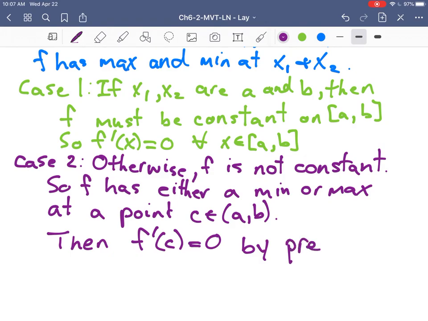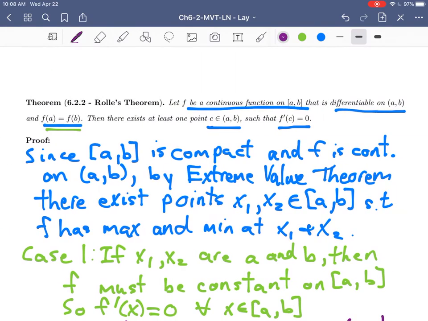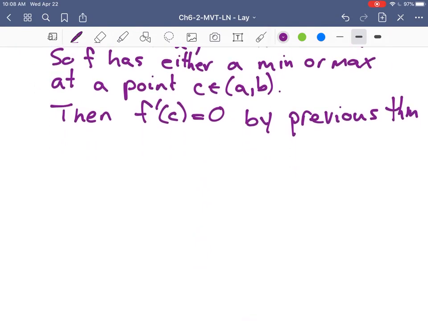That's by our previous theorem, which was right here: if f is differentiable on an open interval and it assumes its maximum or minimum, then the derivative at that point has to be equal to 0. So theorem 6.2.1. And that proves Rolle's theorem.